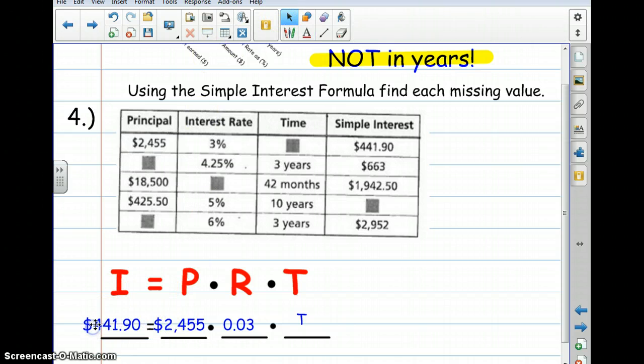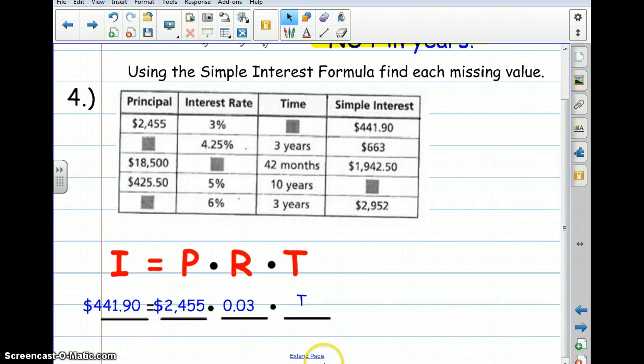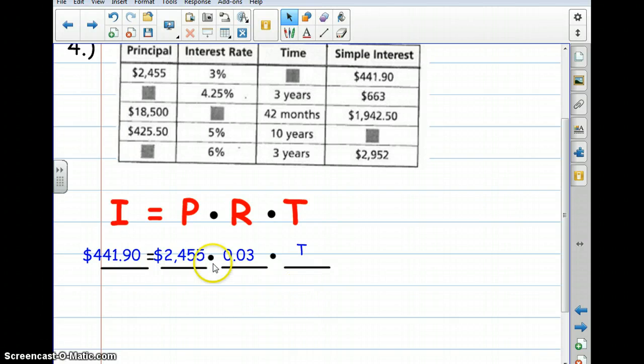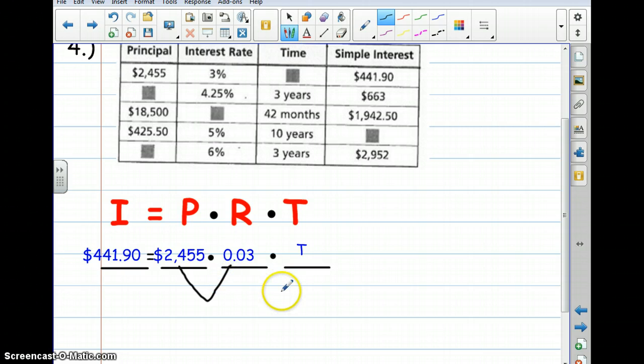Okay, so now we're going to take our calculator, so go ahead and get yours out and get it ready. And we're going to follow along with what we know. We're going to do the operations that we can perform. And we know that we can go ahead and multiply 2,455 times 0.03. Go ahead and do that.